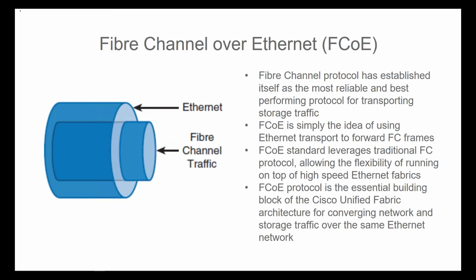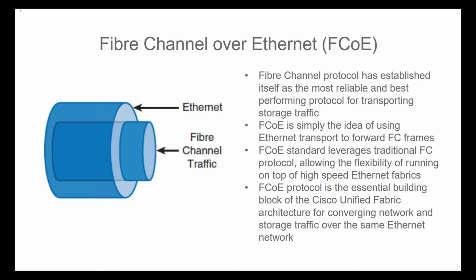So Fibre Channel over Ethernet is where the Fibre Channel protocol has been wrapped in Ethernet headers. Fibre Channel protocol is established as one of the most reliable and best performing protocols for storage traffic. I'm sure that's going to cause some people some consternation in different camps, but realistically, from a storage standpoint, Fibre Channel is the Cadillac of protocols.